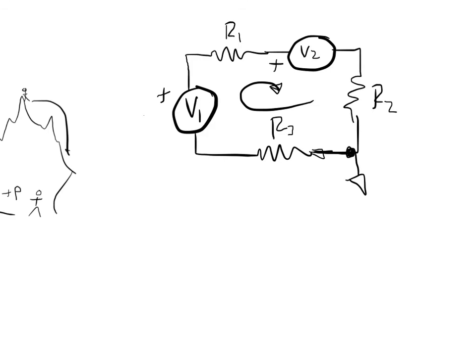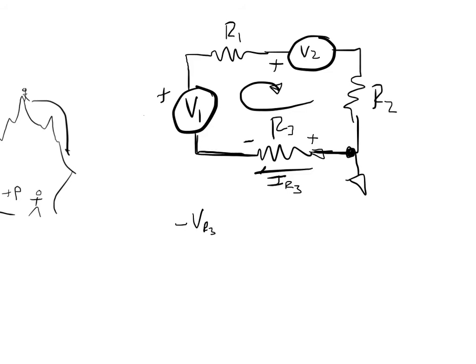Well, if we made this loop and let's say current is actually going this way, then that means the voltage on this side should be higher than the voltage on this side. So we're going to actually lose voltage. So our first equation will have a minus V due to R3.